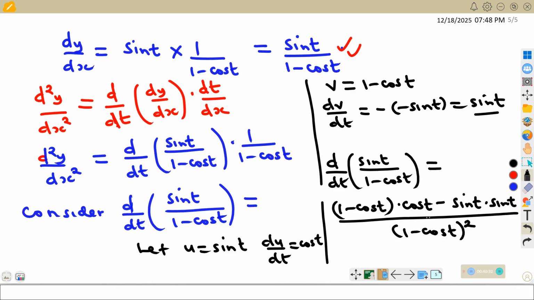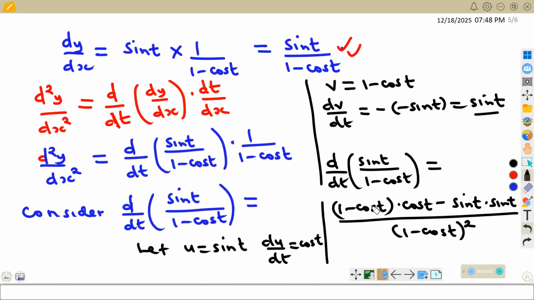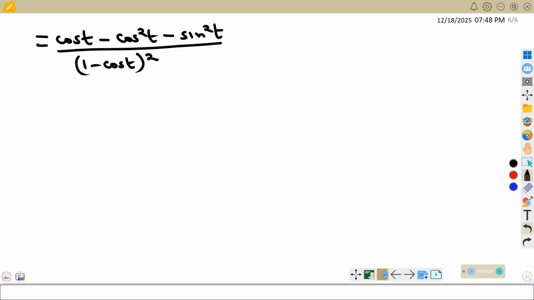Okay, so let us go on and simplify this. This will be cos t minus cos squared t, again minus sin squared t, and you are dividing the whole of this by 1 minus cos t, squared.